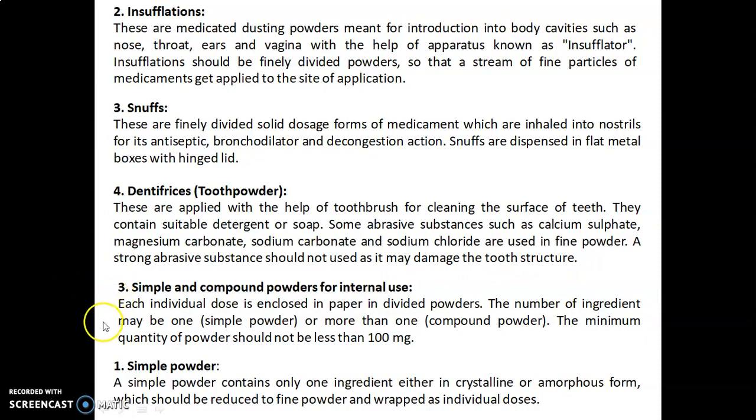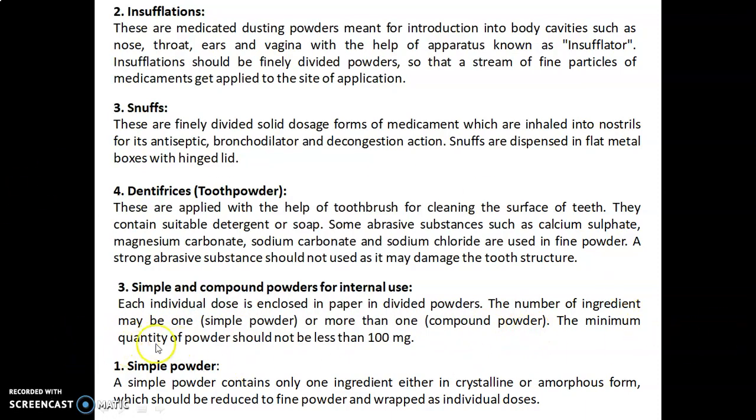Then next, the third class, that is simple and compound powder for internal use. This is the main class of the powder. Each individual dose is enclosed in paper. In the divided powders, the number of ingredients may be one, a simple powder, or more than one, that is a compound powder.